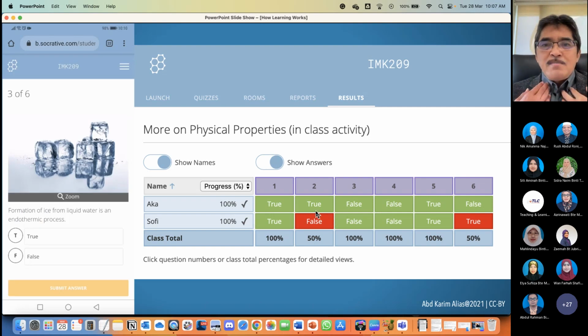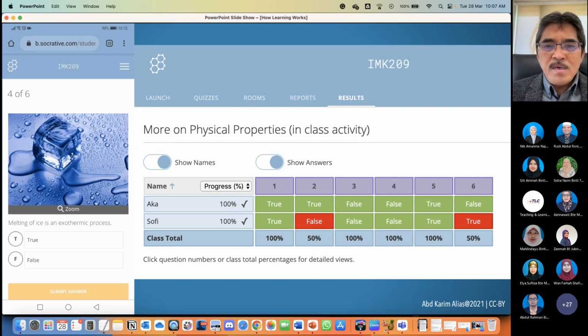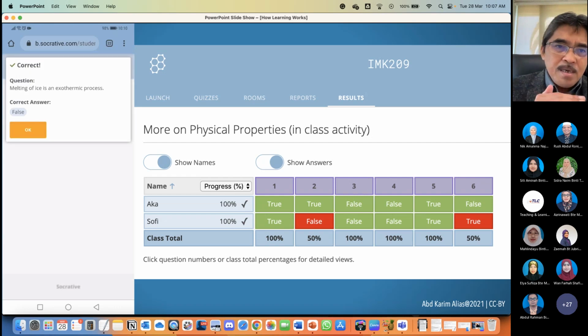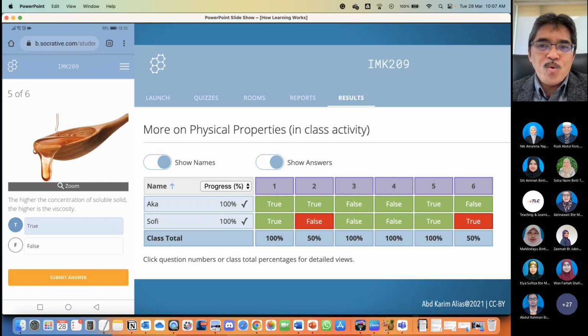So that tells us something about what? Oh, still there are a lot of students here probably have very little knowledge about this topic. So we lower down our expectation. We kind of modify or change our strategy now.